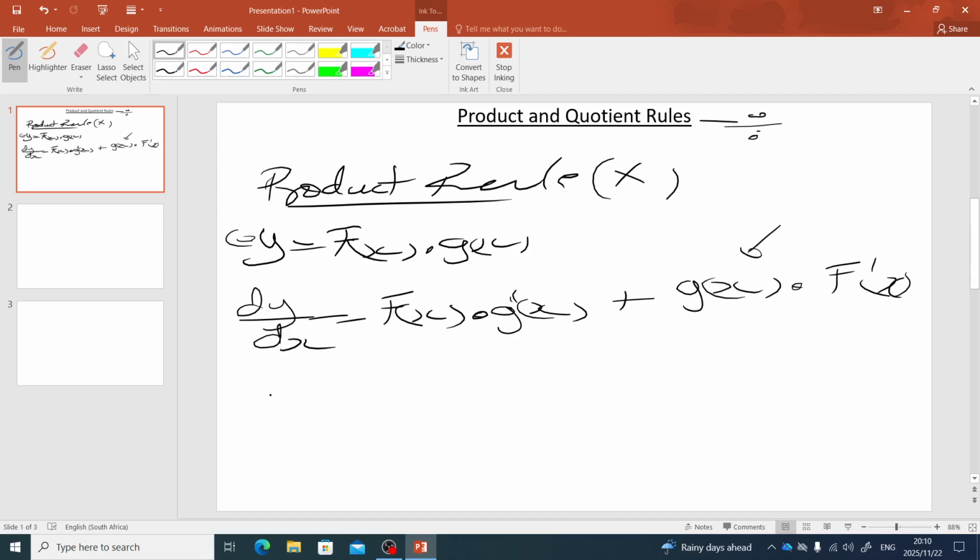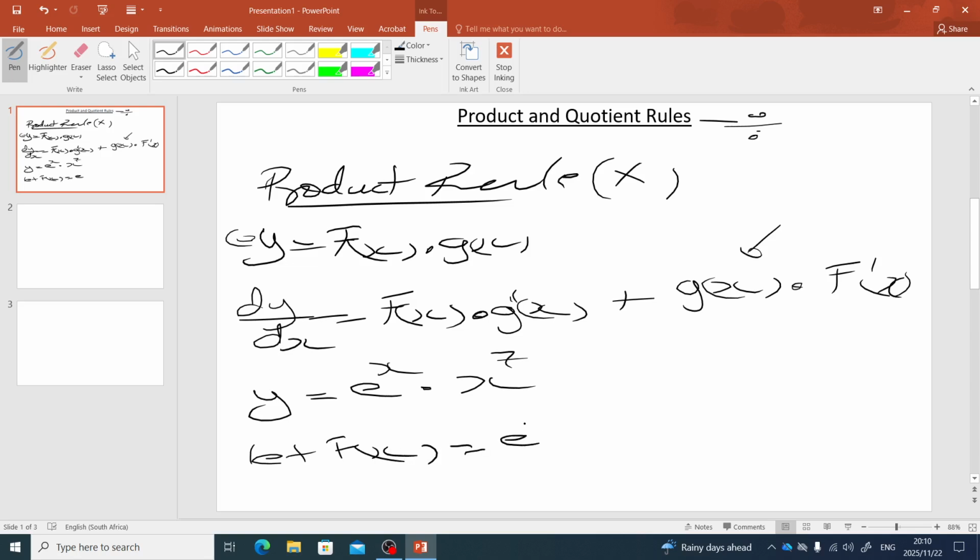Now, let's say we are given y equals e to the power x multiplied by x to the power 7. Then we say let f of x equals e to the power x. Then its differentiation will be e to the power x.